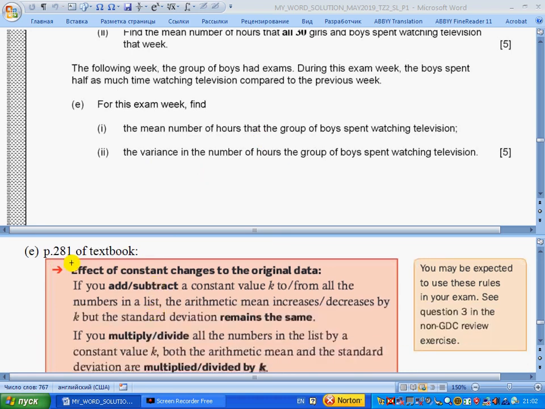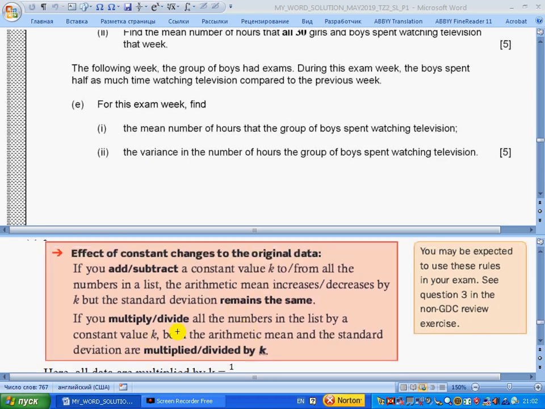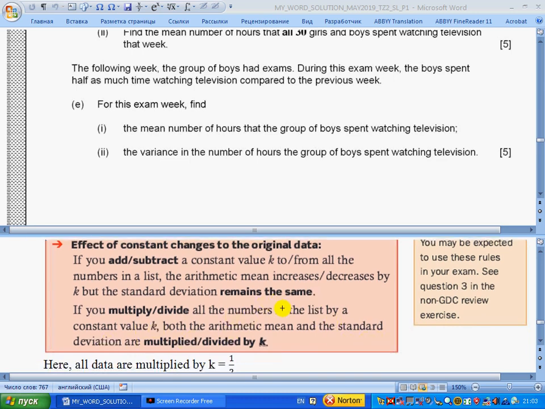Page 281 of the textbook tells us what will happen if we multiply the original data by some constant. If you multiply all the numbers in the list by a constant value k, both the arithmetic mean and the standard deviation are multiplied by k.